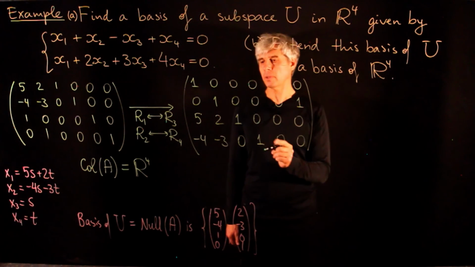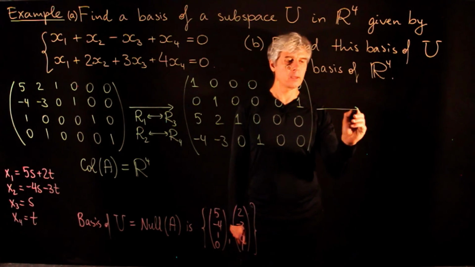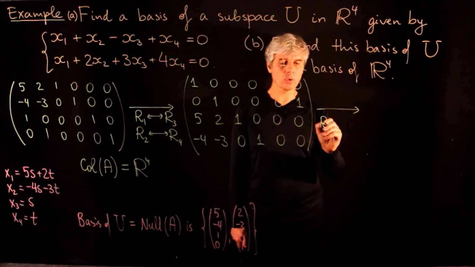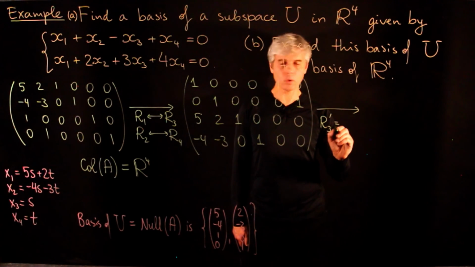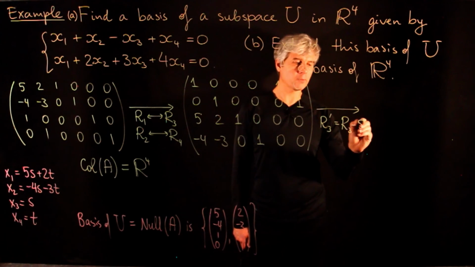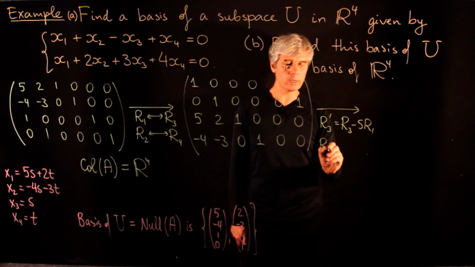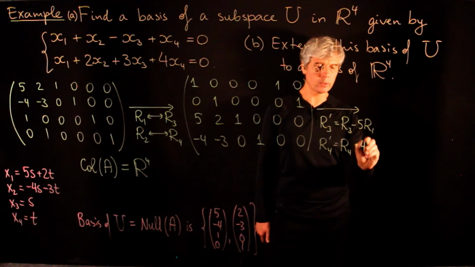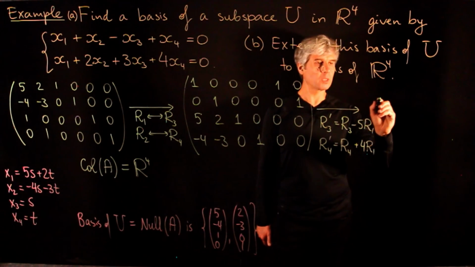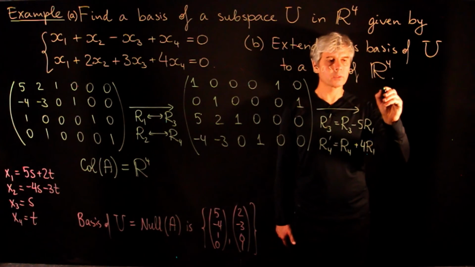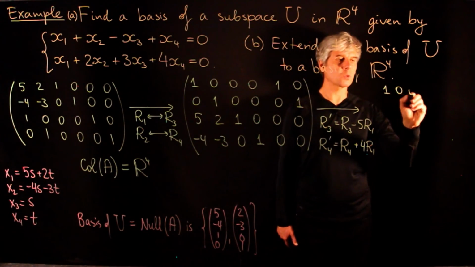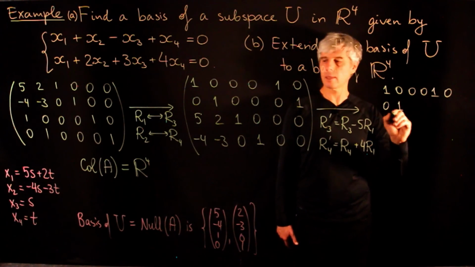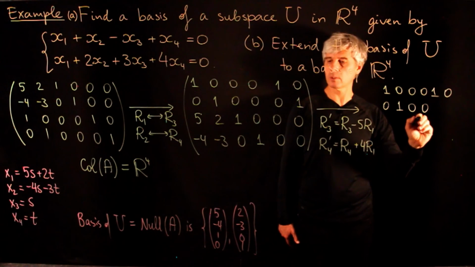And so now we do row reduction. So we need to eliminate this 5 and negative 4. So we say row 3 new is row 3 minus 5 row 1, and row 4 new is row 4 plus 4 row 1. So the new matrix will be 1, 0, 0, 0, 1, 0, then 0, 1, 0, 0, 0, 1.